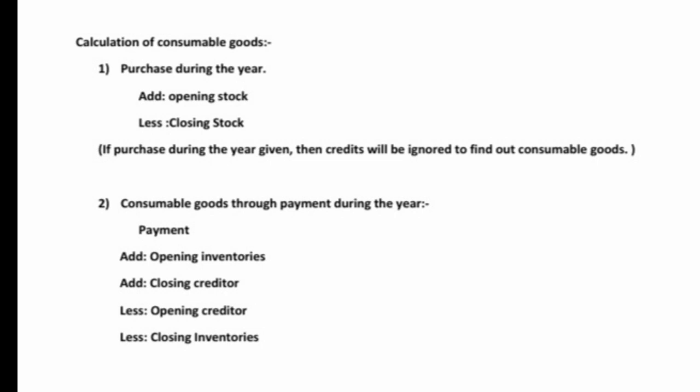Second, consumable goods through payment during the year. If payment during the year is given, add opening inventory, add closing creditors, less opening creditors, less closing inventory. It will become consumable goods during the year, and this amount will be shown in the income and expenditure account.